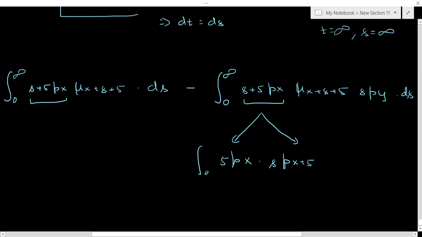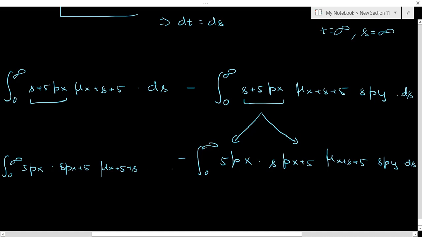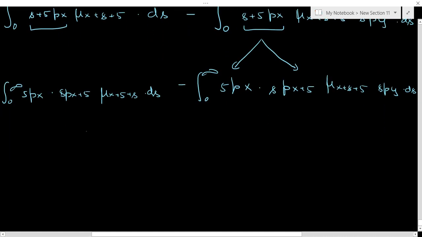And I would have 0 to infinity, obviously, and mu x plus s plus 5 and ds. And here if you check, it becomes 0 to infinity again, the same thing: 5px into spx plus 5, mu x plus s plus 5, and ds of course. So now, like before, I can take the constant out.